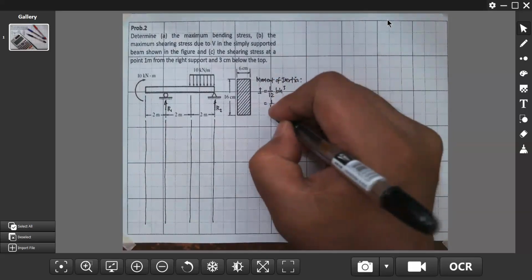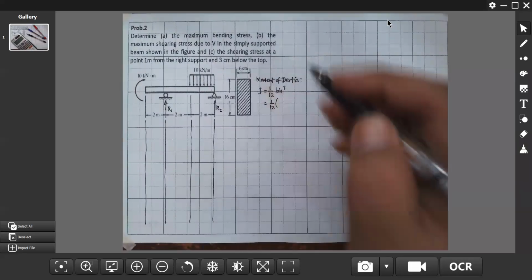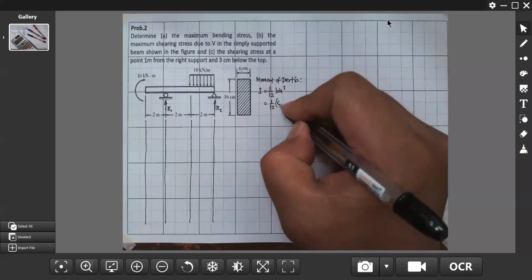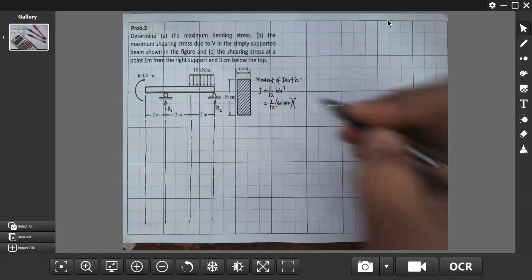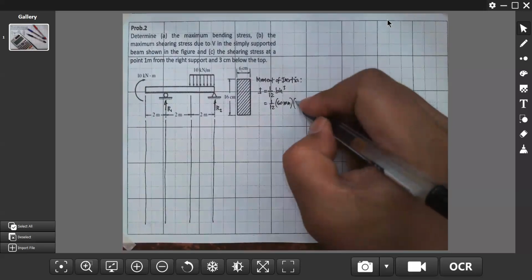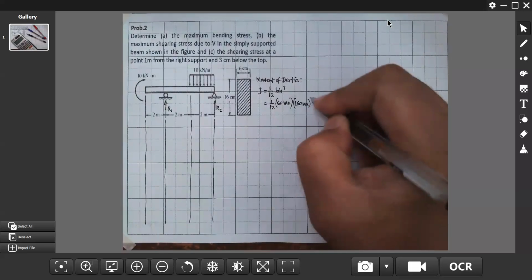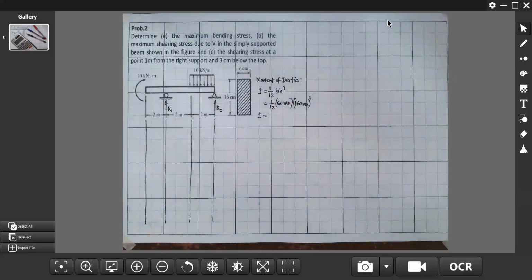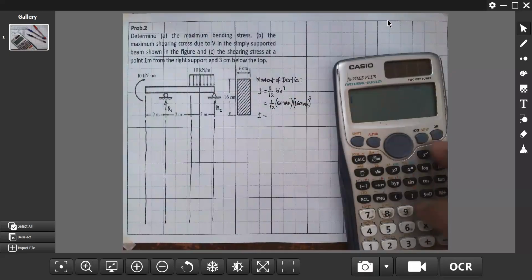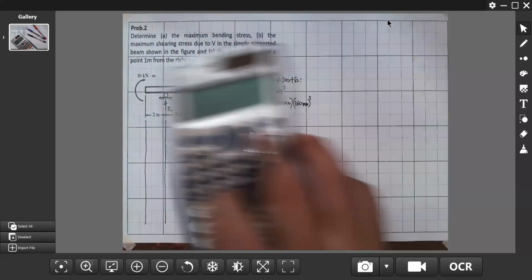Our base is 6 centimeters, so that would be 60 millimeters, times our height, 160 millimeters cubed. So our unit will be in millimeters raised to 4.